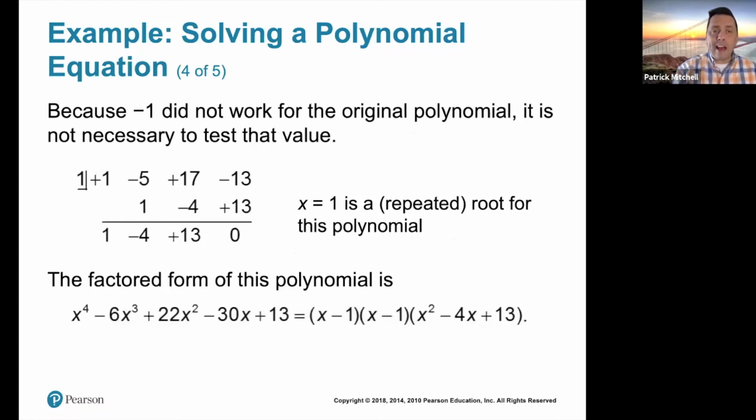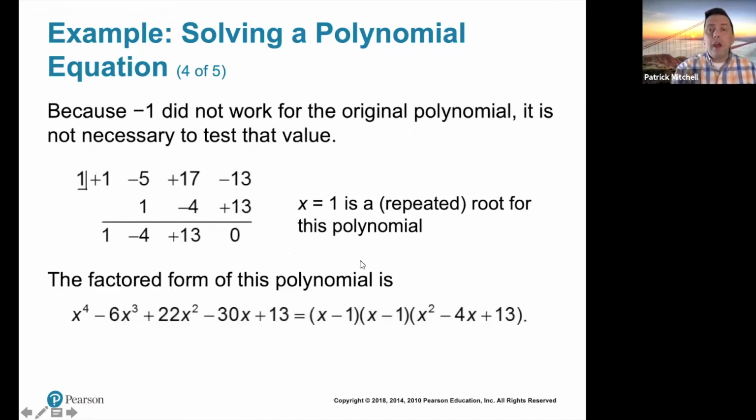I know we already tested it and we got the x minus 1 to factor out. But it could be that x minus 1 will factor again out of the third degree polynomial. And in fact, it does. See that? If I divide this third degree polynomial by x minus 1, I get a remainder of 0.